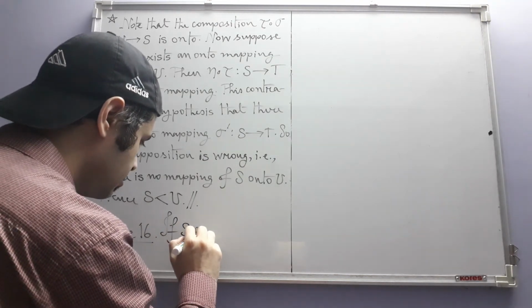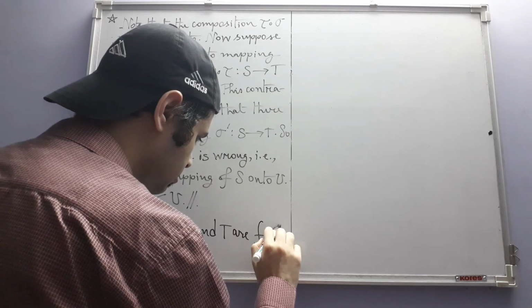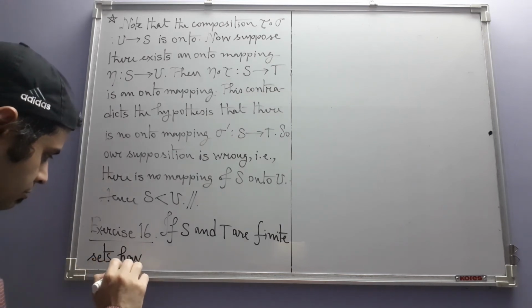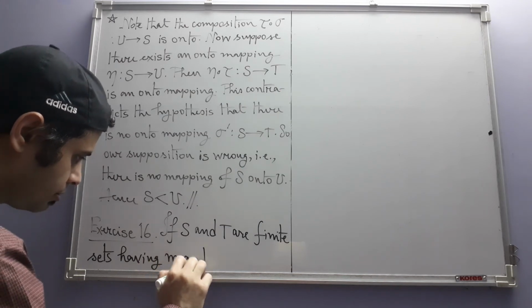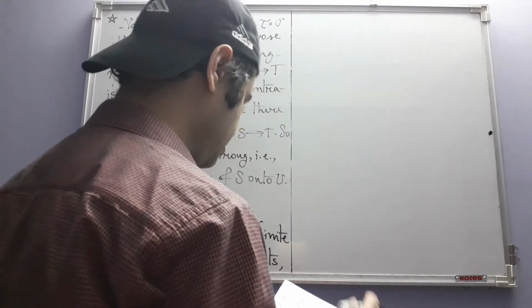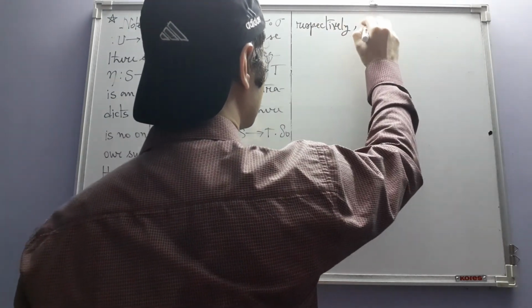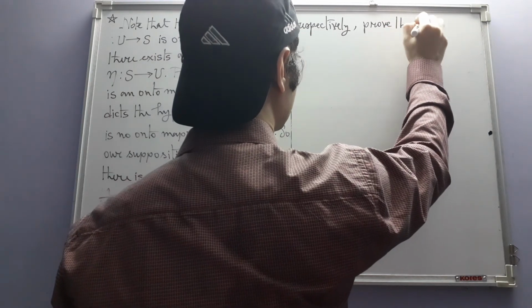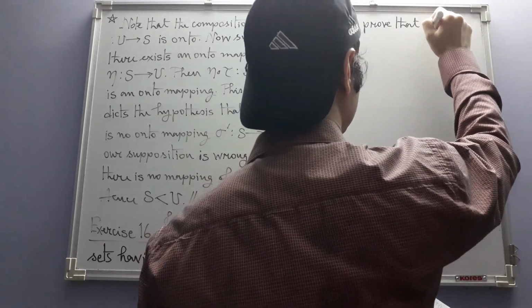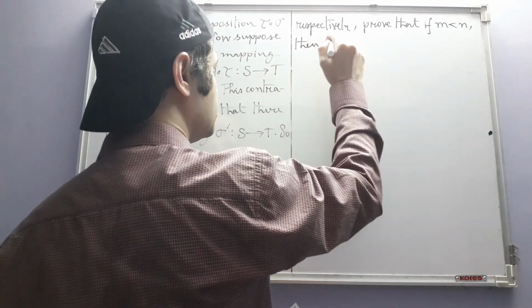If S and T are finite sets, having m and n elements respectively, prove that if m is less than n, then S is less than T.